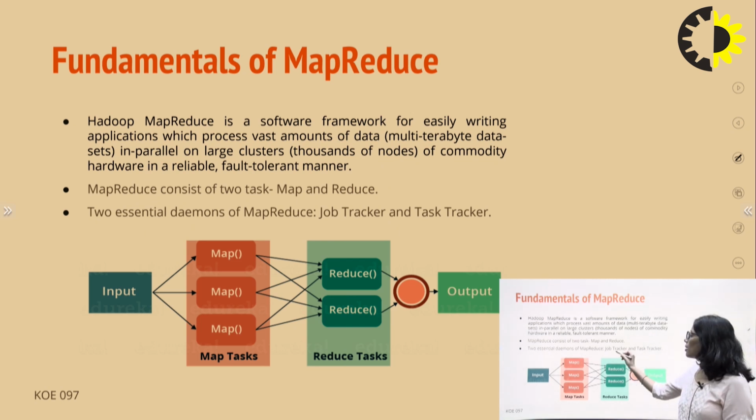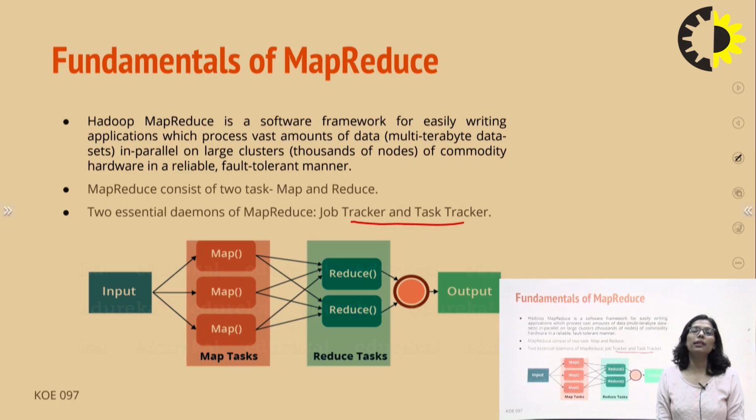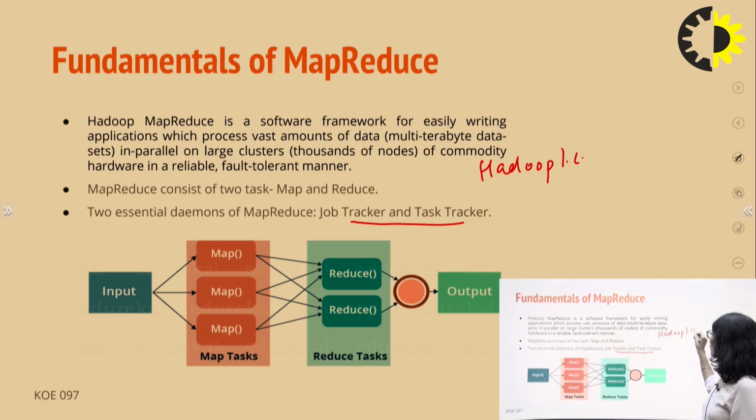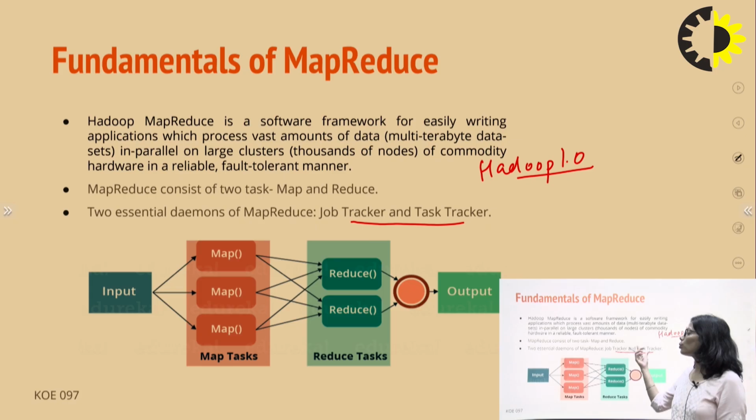Now, it is to be noted that in Hadoop 1.0, these two daemons, job tracker and task tracker, were managing the whole MapReduce job run, and they were a part of MapReduce only.